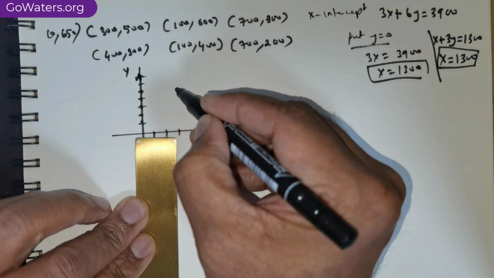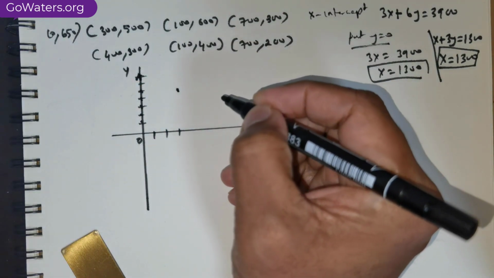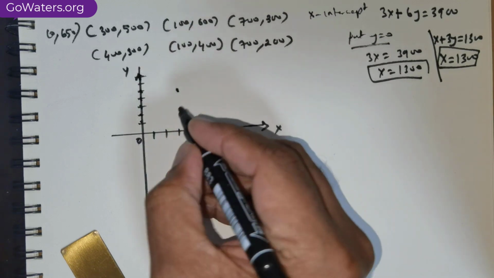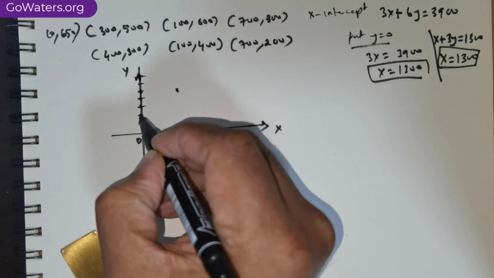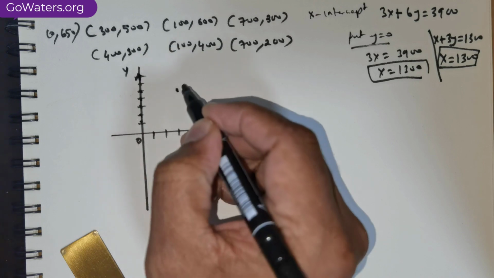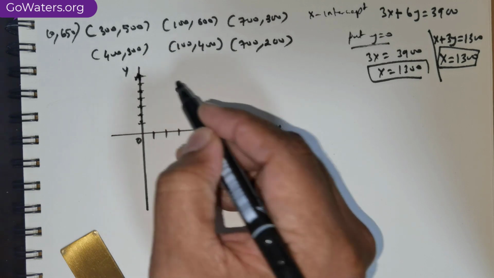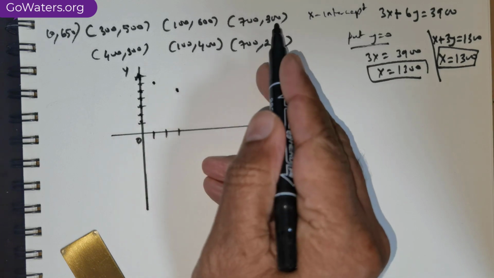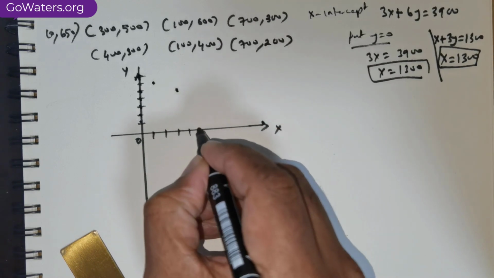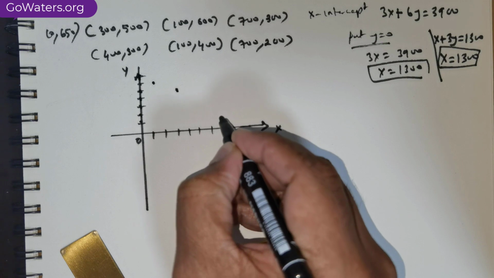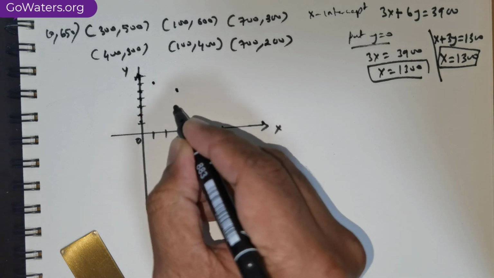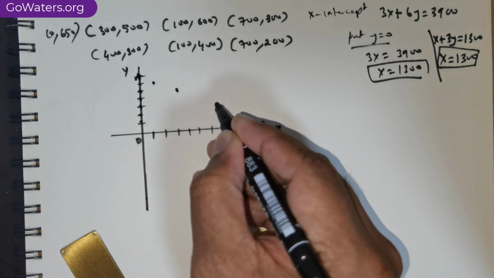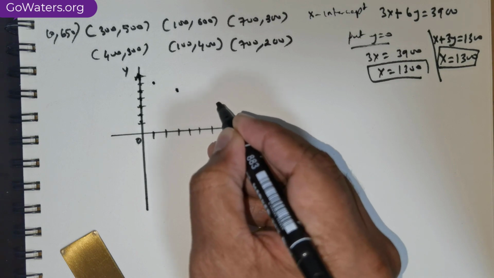And 300. So you got a point there. Then 100, 600, 1, 2, 3, 4, 5, 6, and 600 is over here. And 700 and 300, 3, 4, 5, 6, 700 and 300. 300 is over here and 700.